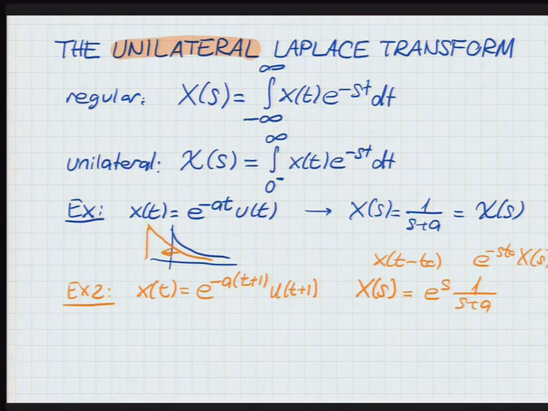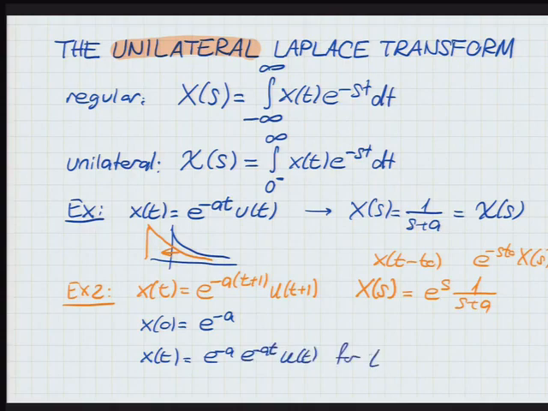Because after time equal to 0, what is the value of this at time equal to 0? E to the negative, at time equal to 0, I said, no. E to the negative a, right? So really, x of t then is e to the negative a times e to the negative a t u of t for t greater than or equal to 0, because you're looking at this part, right?